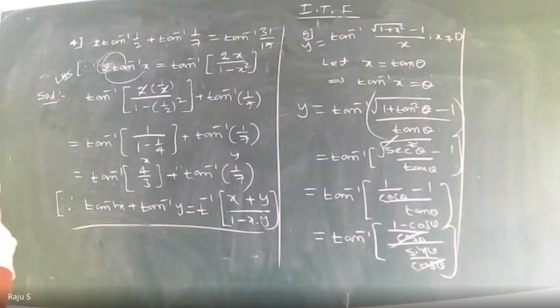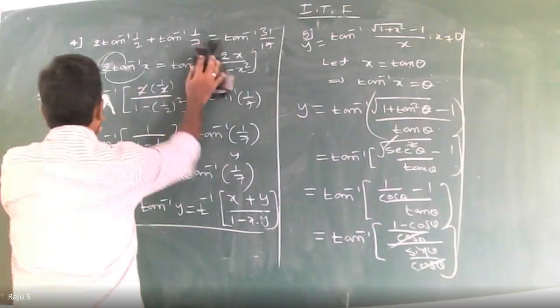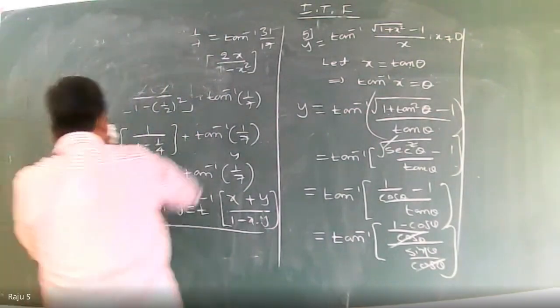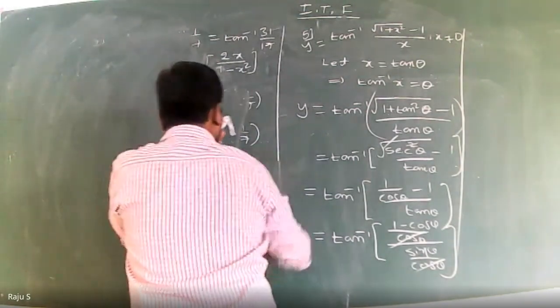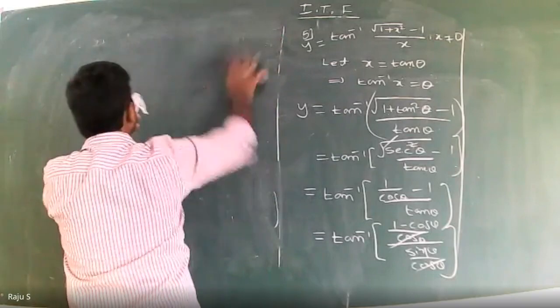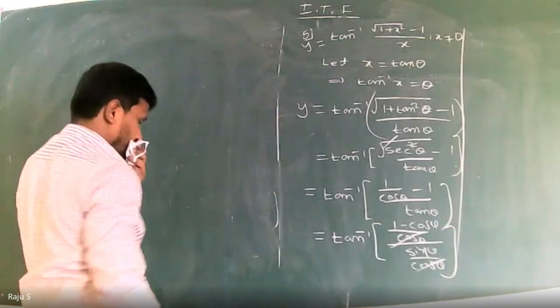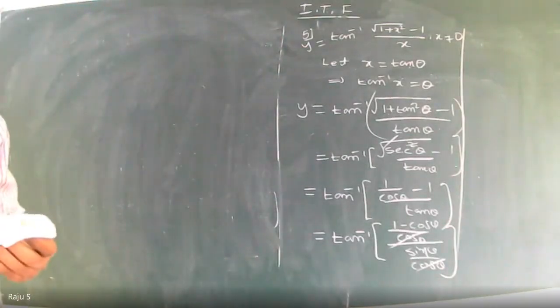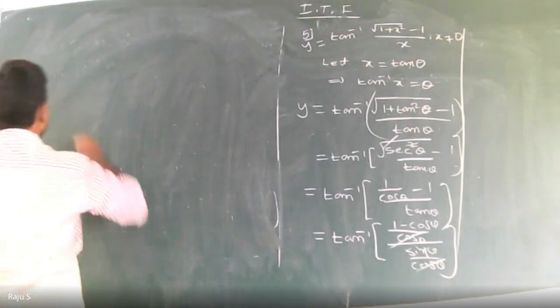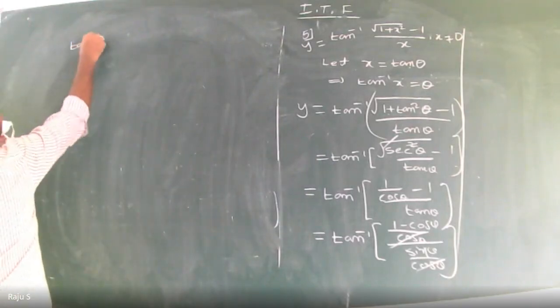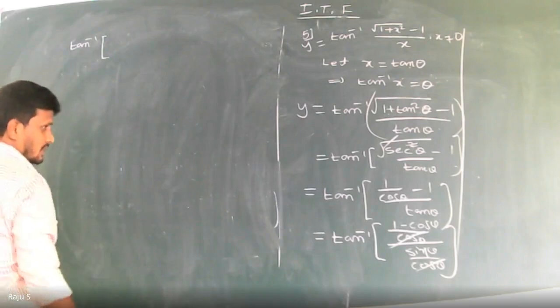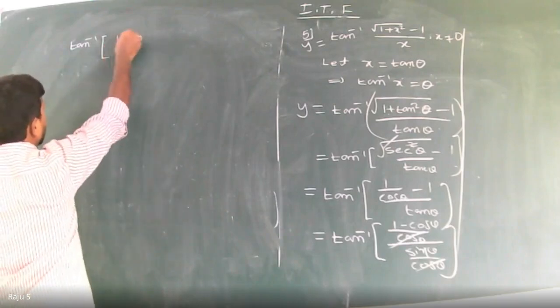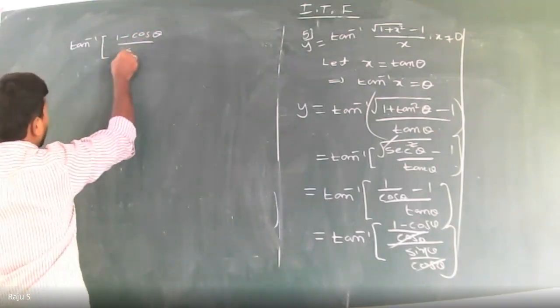We got 1 minus cos theta, so tan inverse of 1 minus cos theta. Is there a formula for 1 minus cos theta?